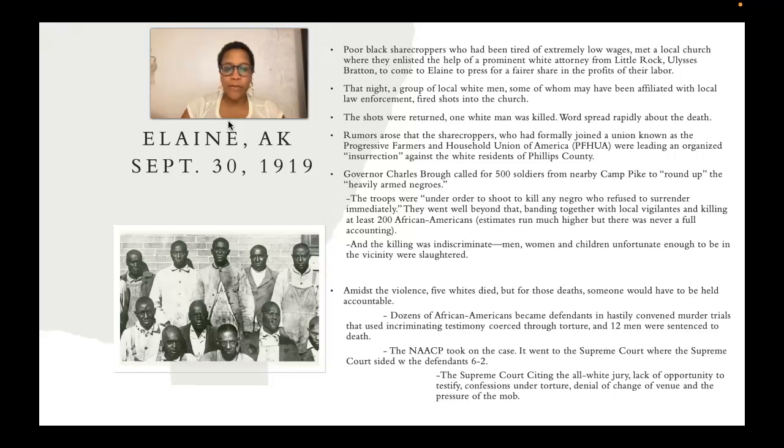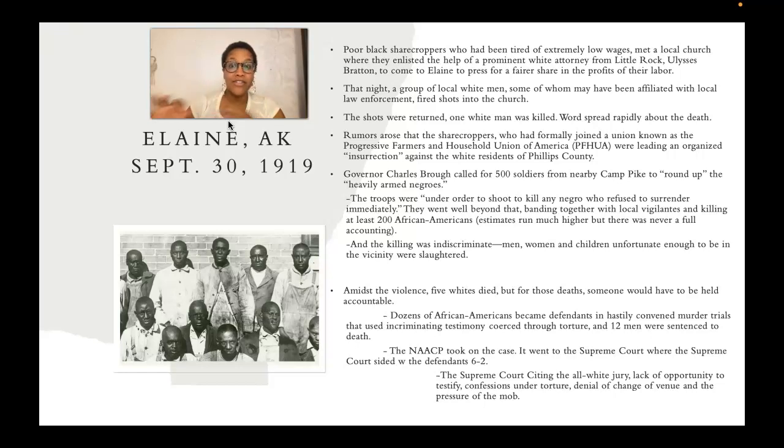And the Supreme Court basically cited that, hey, y'all had an all-white jury, which made this trial a little unfair. A lack of opportunity to testify on the behalf of the defendants. Can you imagine? There's a trial for your life. You have been sentenced to death. You can't even testify. That confessions were created under torture.